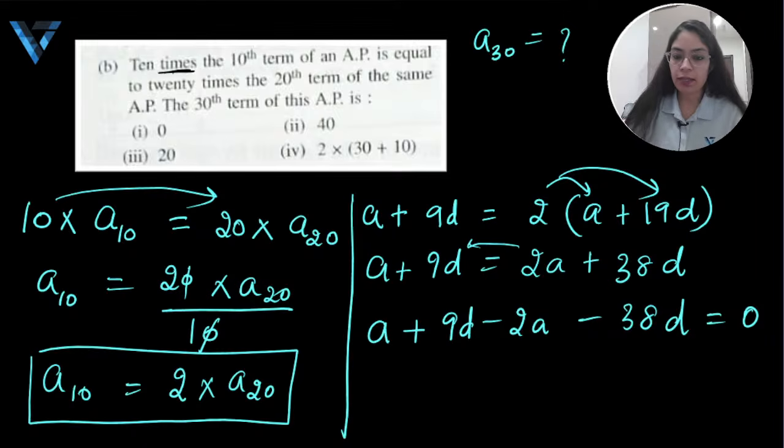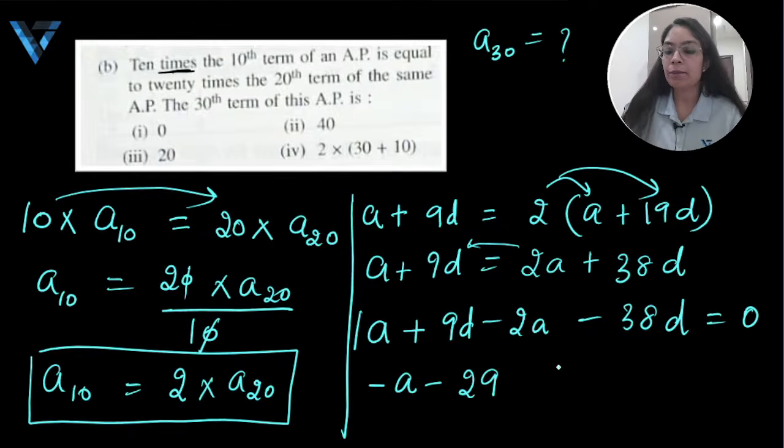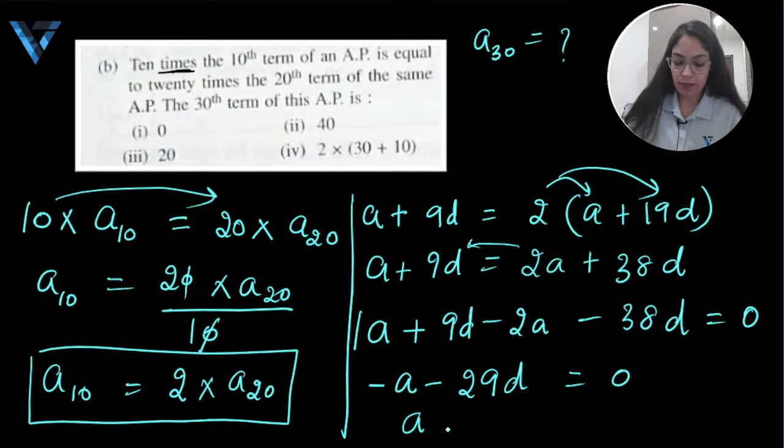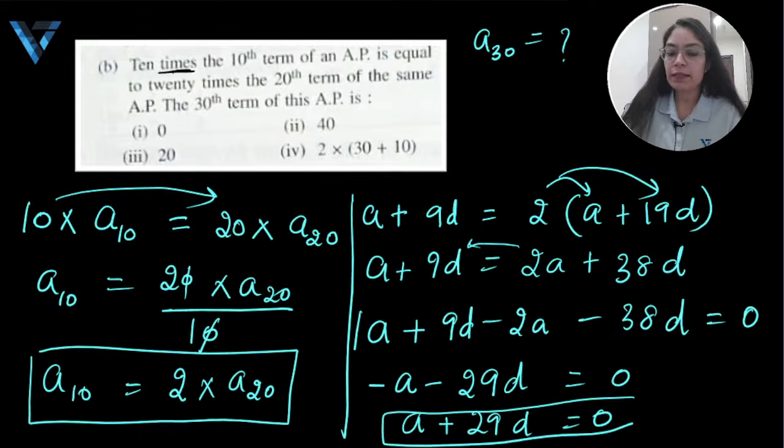A minus 2A: A means 1A, 1 minus 2 is minus 1, so minus A I can write, and 9 minus 38 is again minus 29, so minus 29D, this is equals to 0. Minus sign we can take out common here. So A plus 29D is equals to 0.